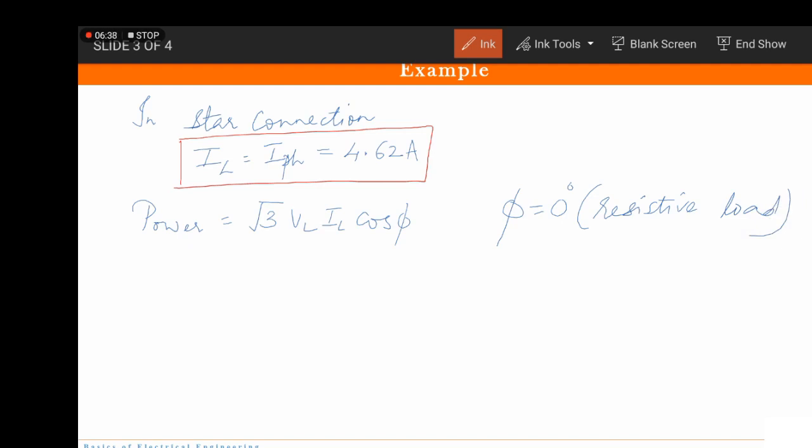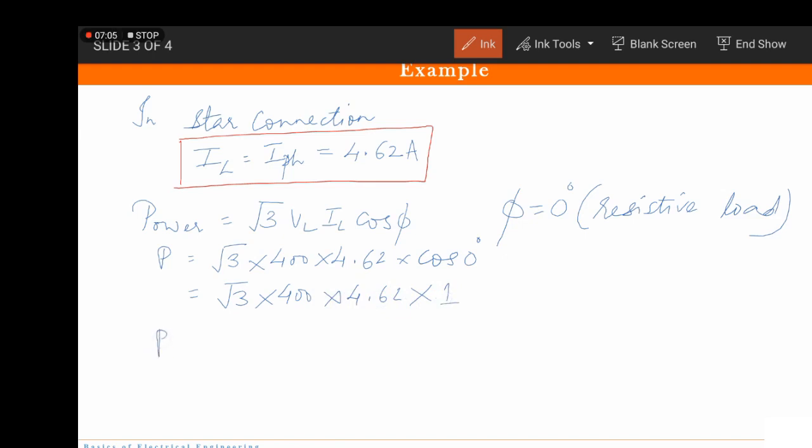Okay. So I shall place the value. Power P is equal to square root 3. Line voltage was 400. Line current was 4.62. And I shall put phi as 0. So it becomes root 3 into 400 into 4.62 into what is the value of cos 0? 1.